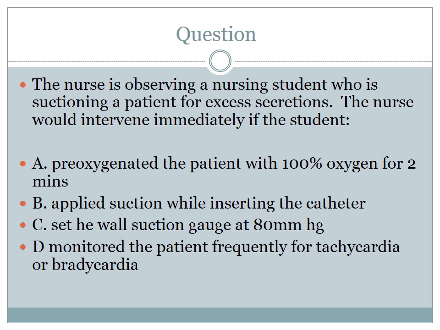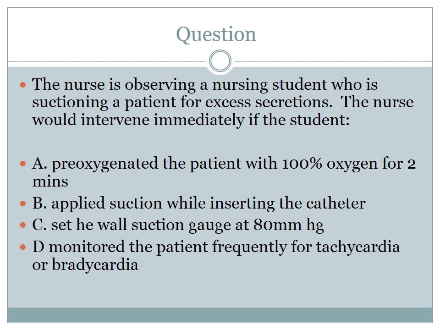So if we go back to the question, there is a nursing student suctioning the patient, and I would intervene, stop it, go in and say, wait a minute, immediately. They say intervene immediately, so that means the nursing student has to be doing something wrong. Pre-oxygenating the patient for 2 minutes is cool. Setting the wall suction has to be between 80 and 120.